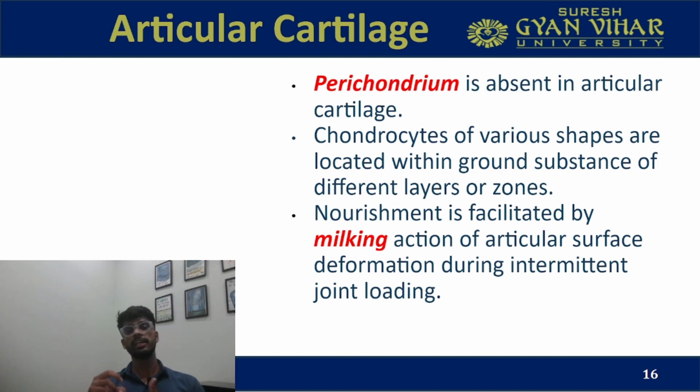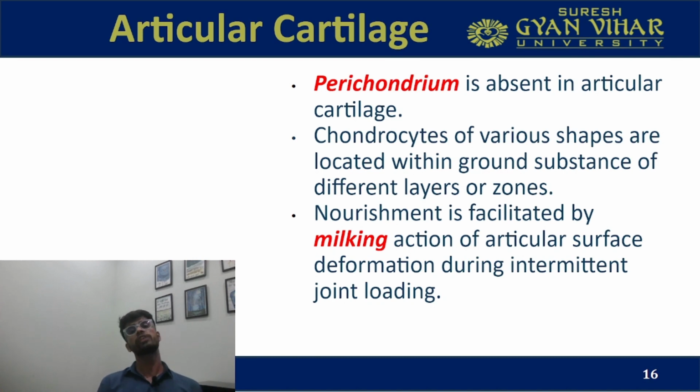This is a layer in which a lot of chondrocytes are present for the repairing process, and the blood supply is also present in this region. But as there is no perichondrium in the articular cartilage, there is no blood supply in that region.